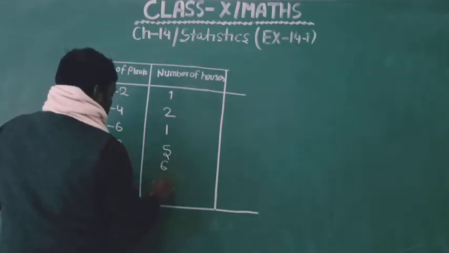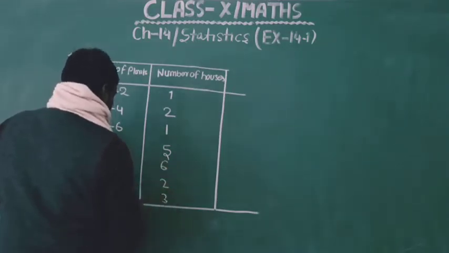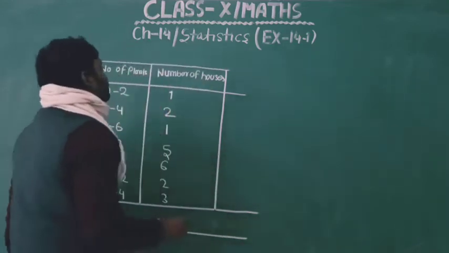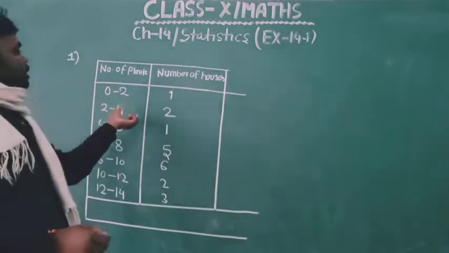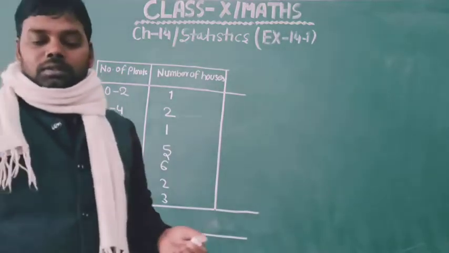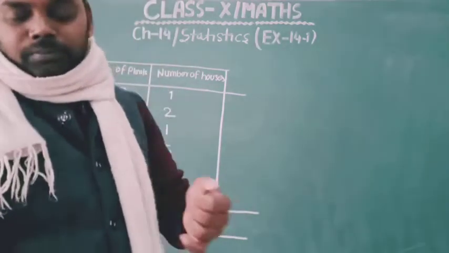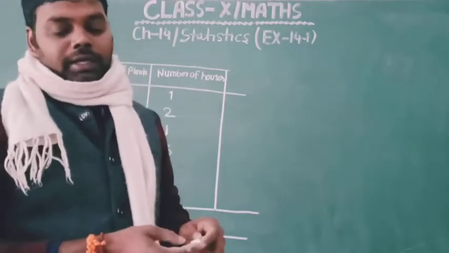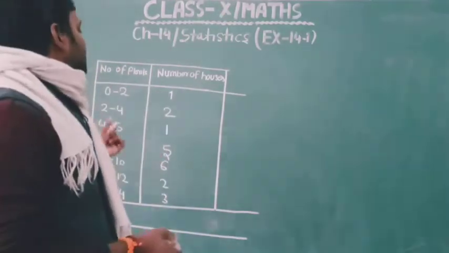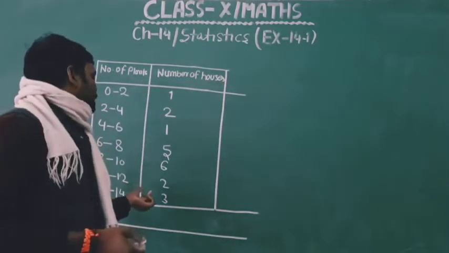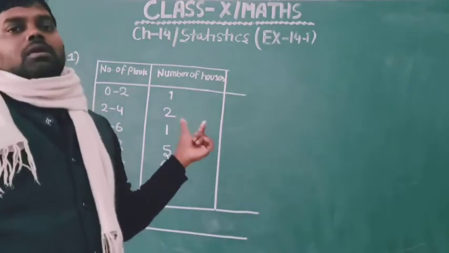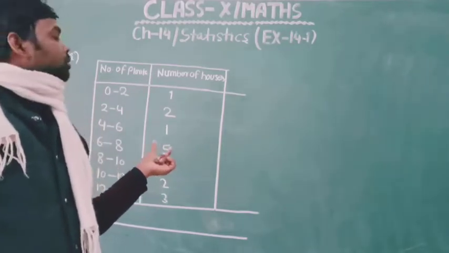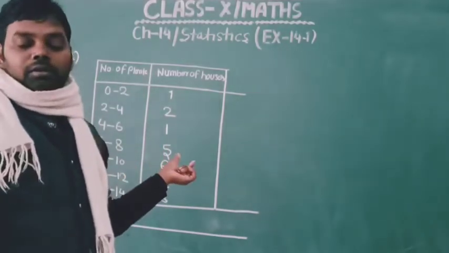So this is the data given to us in the question, and we have to find the mean of the given data, and also say which method we use to find the mean.